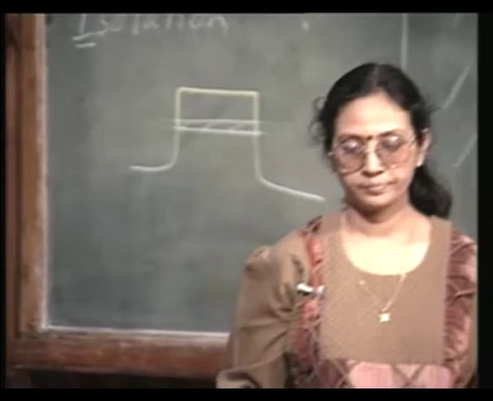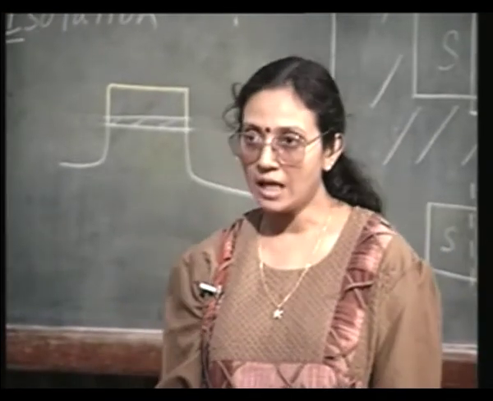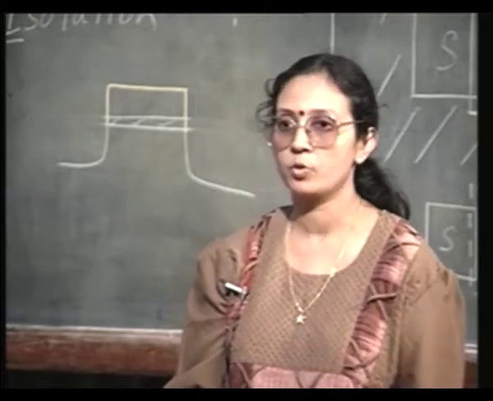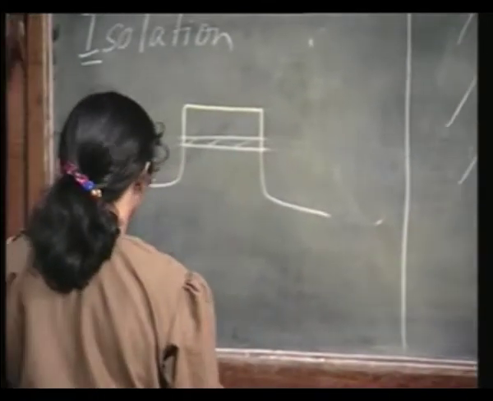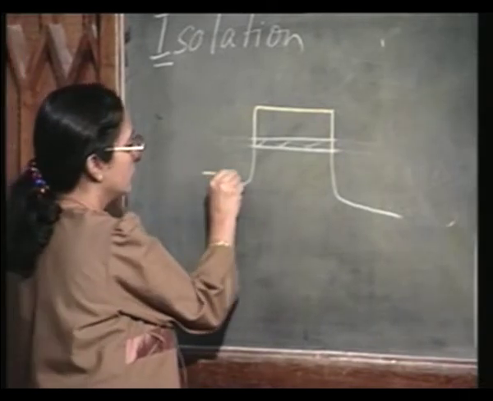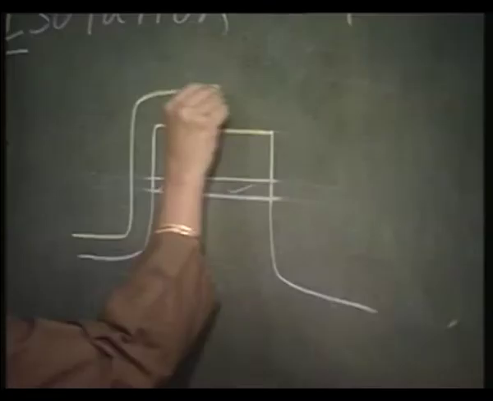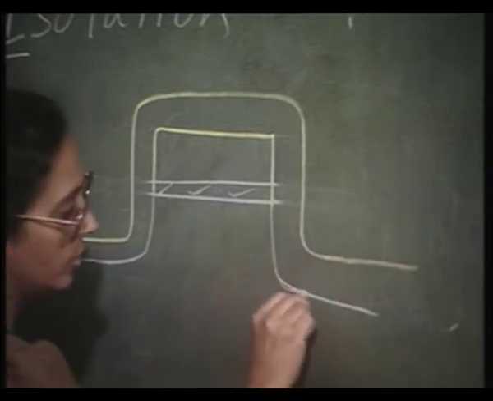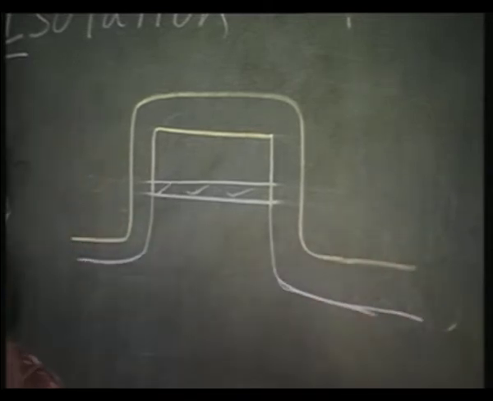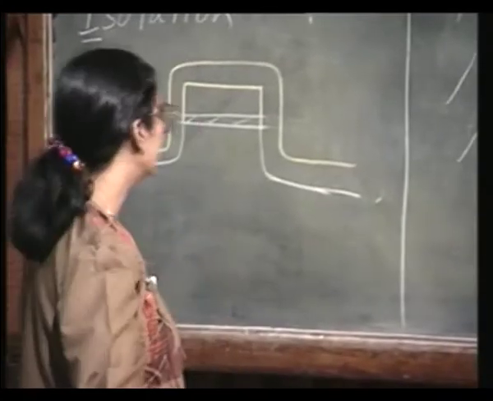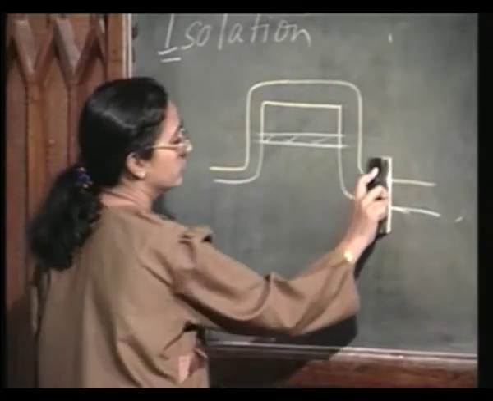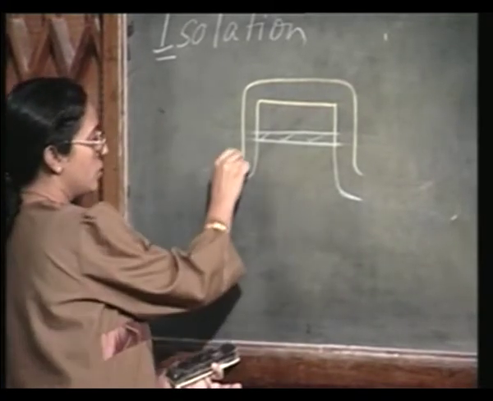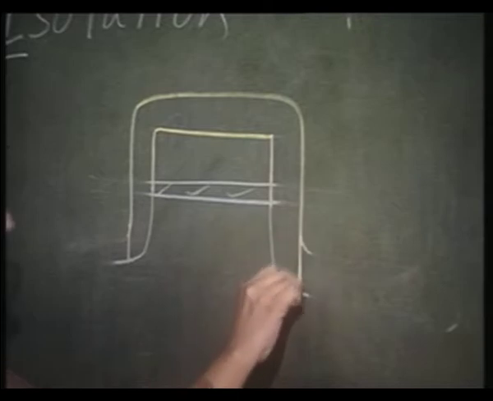Okay. Now, you do a second silicon nitride deposition. So, you deposit it all over the place like this. Okay. And then remove it by doing an anisotropic etching.